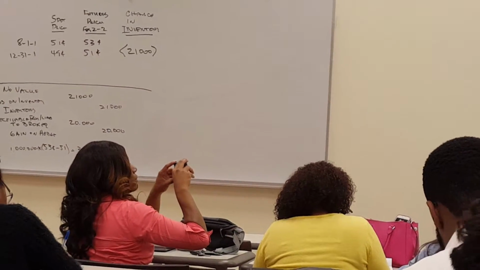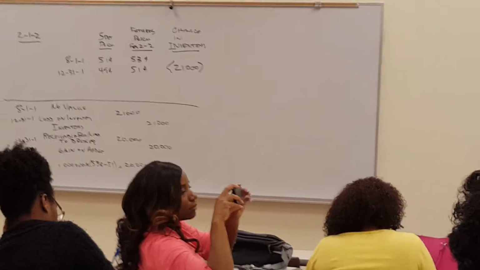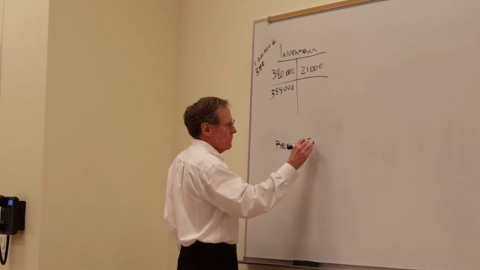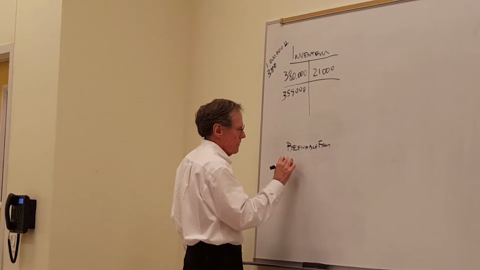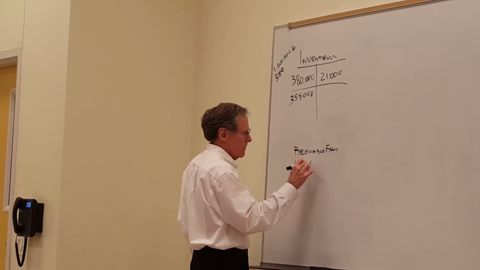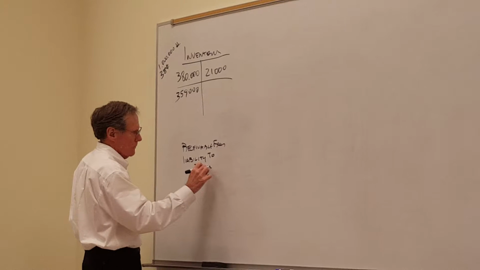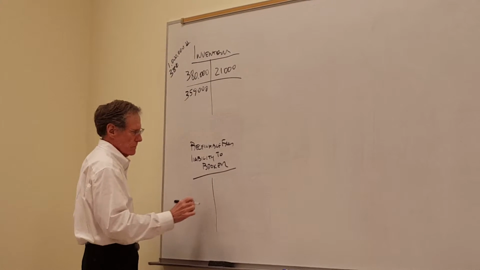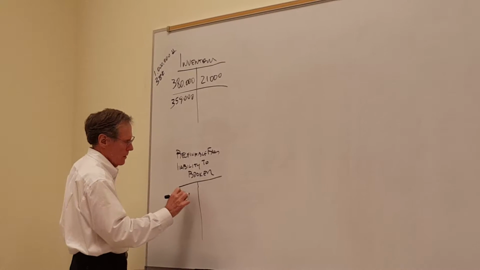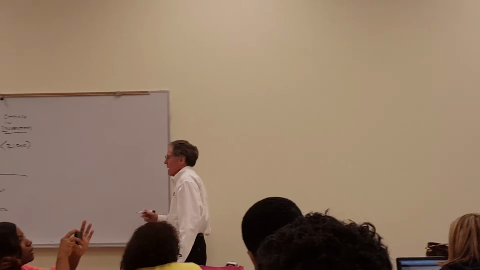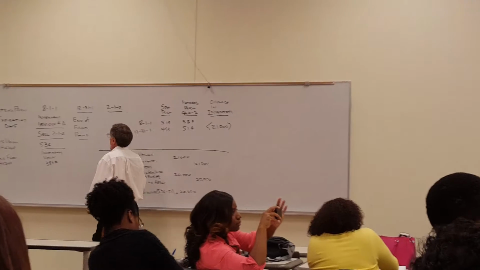We can set up another account over here for receivable from broker. Right now we have a receivable of $20,000 from the broker.